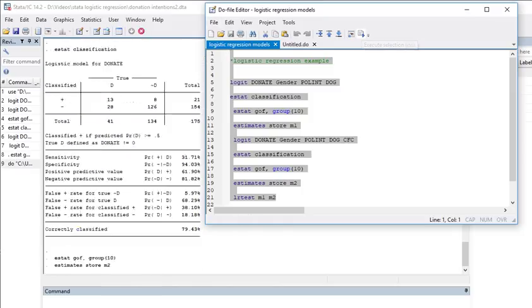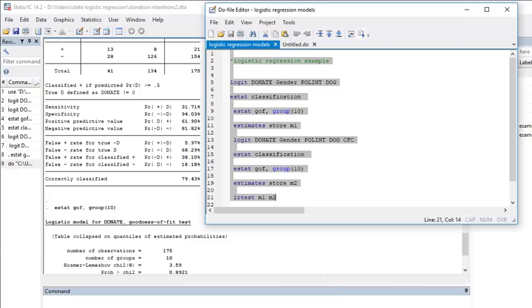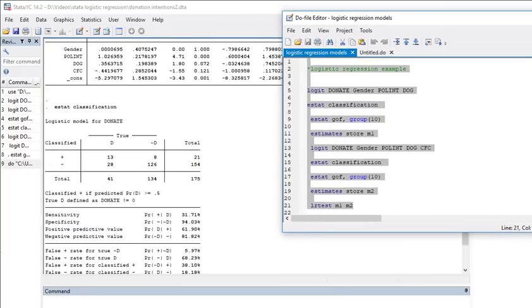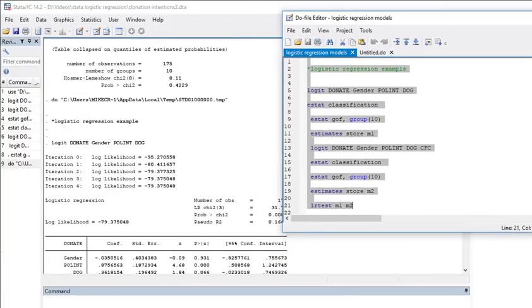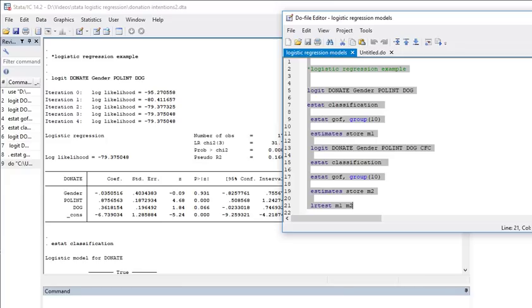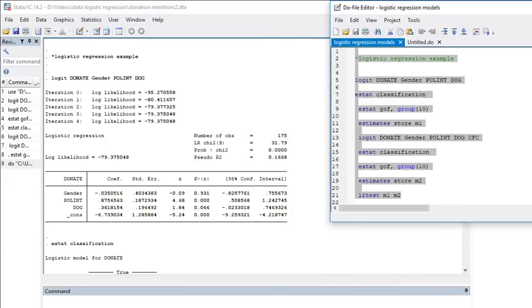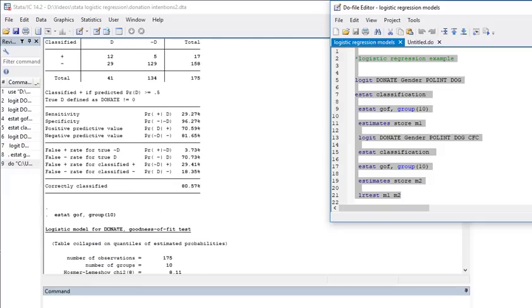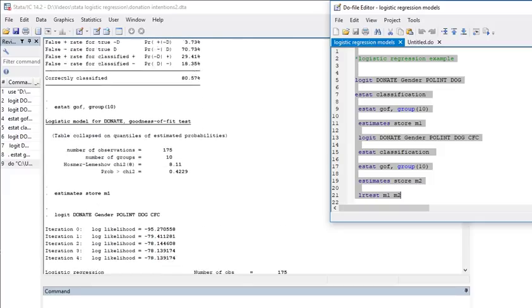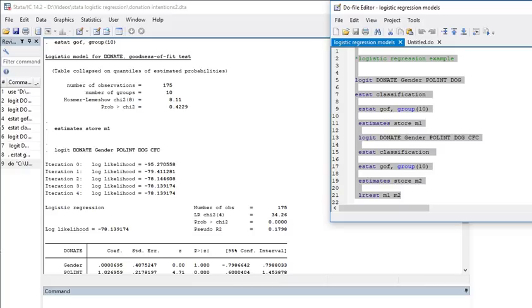And so now I've run the analysis. You can see right here, this was our original model. I've generated the classification statistics, the Hosmer-Lemeshow, and then estimates store, so I've stored the estimates from model 1.